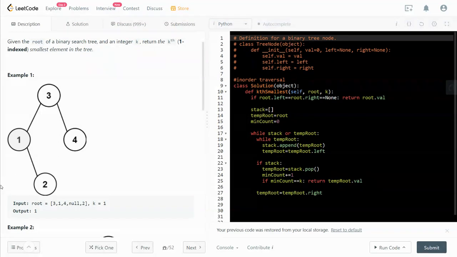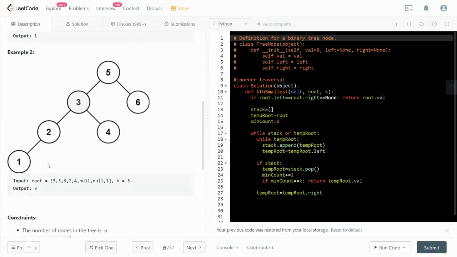And if there was a number on the left hand side of this branch, it will be smaller than 1, and the number on the right is bigger than 1. All the numbers on the right are bigger than this node, and all the numbers on the left are smaller than that node. So all the numbers have been sorted in a particular way.